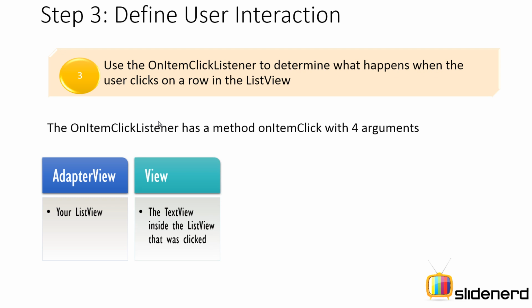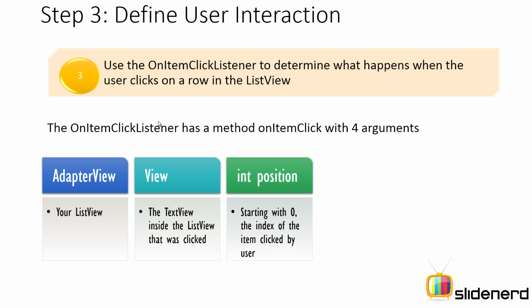And then the second parameter is which row was clicked. Now remember, each row is not a simple object. It itself is a view created by your list adapter. So this parameter tells you the text view or any other complex view that was clicked as a single row, right? And then the third parameter is the position where the user clicked.